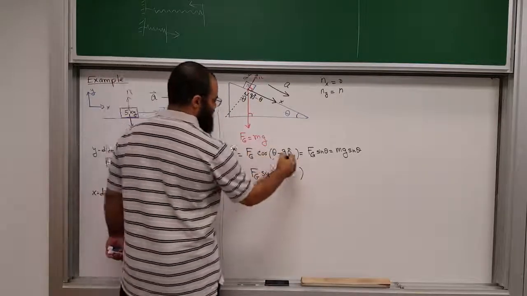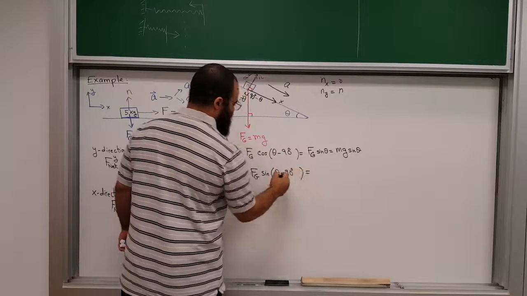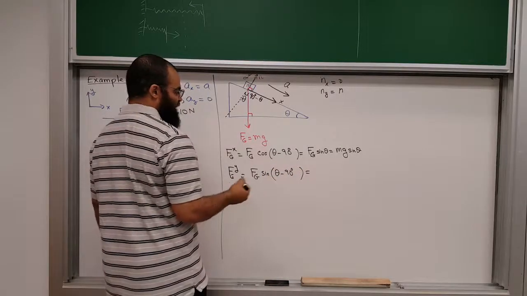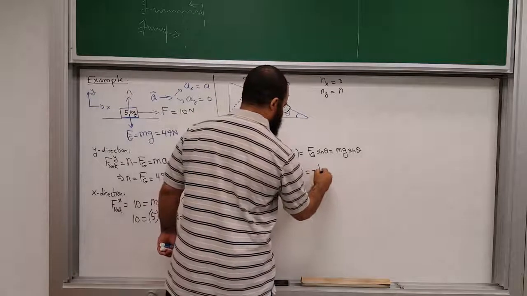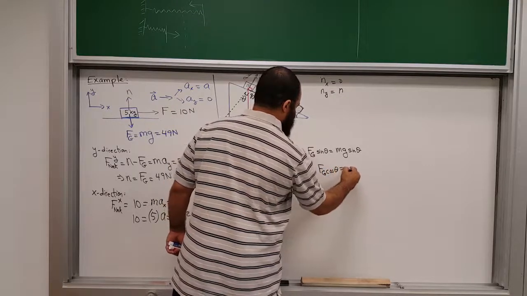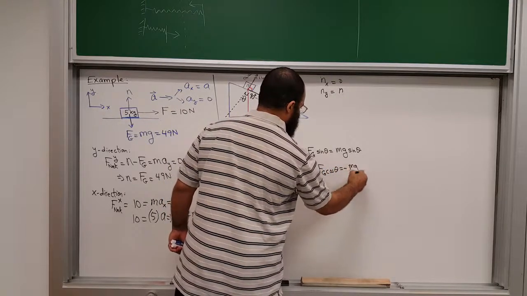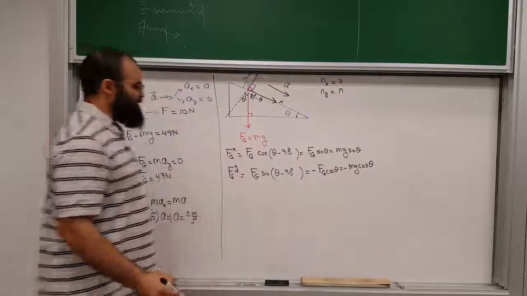And that angle is theta minus 90 degrees. The sine of theta minus 90 degrees is equal to the negative cosine of theta. So it would be minus F_G times the cosine of theta, so that's minus mg cosine theta.